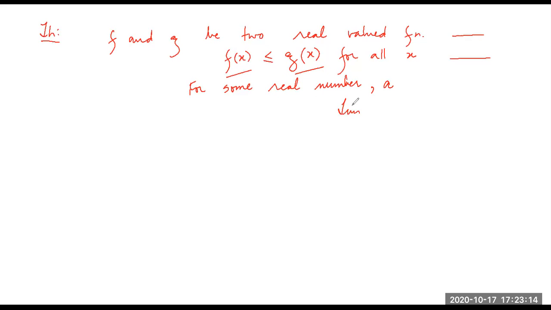Means limit x approaches a, f of x, as well as limit x approaches a, g of x, both exist. We know the meaning of this. That means left hand side limit is equal to right hand side limit for both these functions.